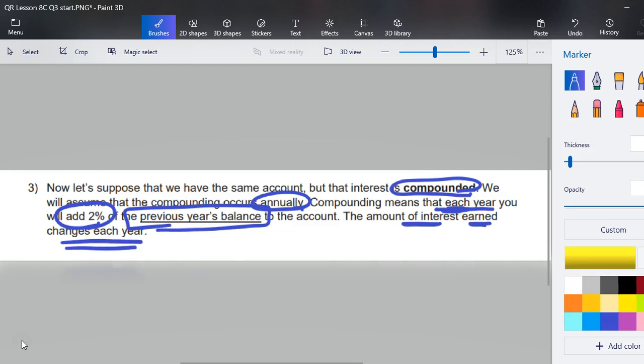Again, in your notes, make huge notes about compounding, in that each year we're going to add an amount of interest to the previous year's balance, and this amount of interest earned is going to change each year.